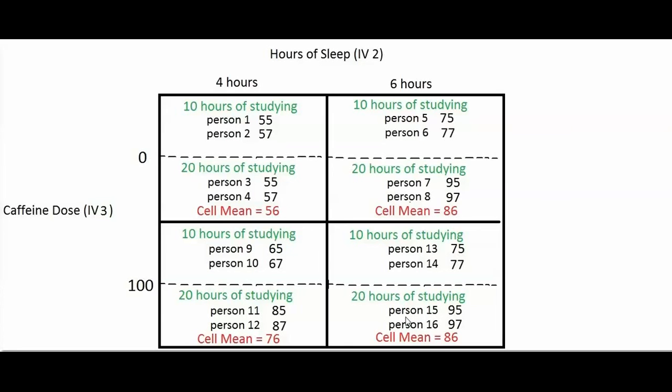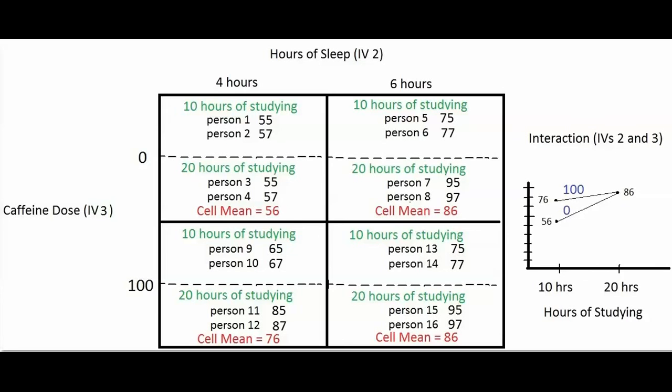Each cell mean is the total of the 4 values in the cell divided by 4, because each cell mean is just the mean of the 4 values inside the cell. When we plot these 4 cell means, they're not parallel. So we do see an interaction between hours of sleep and caffeine dose, between IVs 2 and 3.